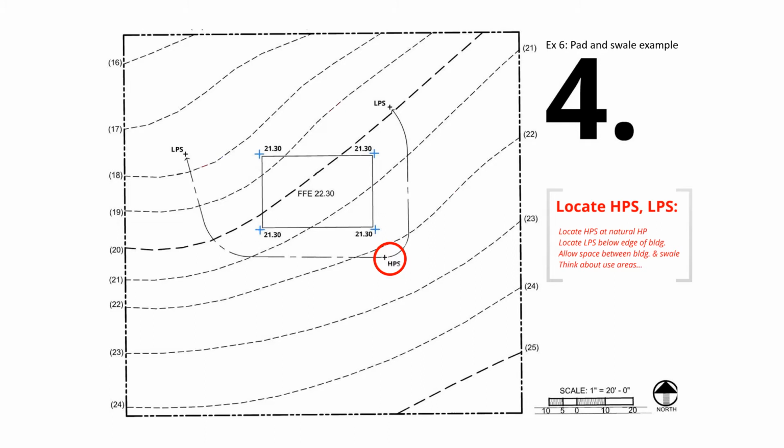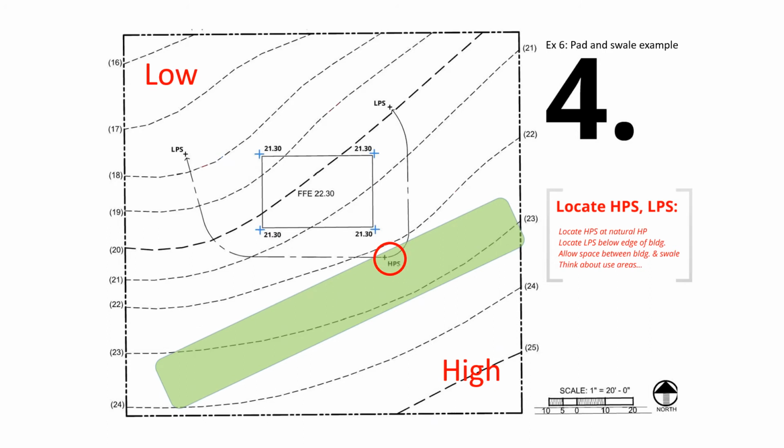So we know the southeast is the high side, while the northwest is the low side. So the green area here would be the high area adjacent to the building, right? And the HPS should be located somewhere in this high area next to the closest building corner, which is the southeast corner here.